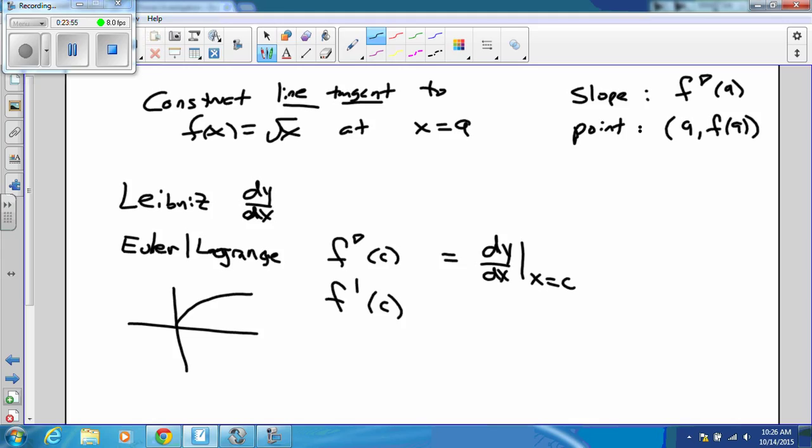In other words, on my curve here, y equals square root of x, I'm going out to x equals 9, and I've got a point 9 comma f of 9, and I'm going to slap a line on this, and the slope of that line is going to be f prime of 9. And that uniquely determines the line that I draw. I go to this point, I tilt myself to the right slope, and go. Can everybody see that picture in your mind?